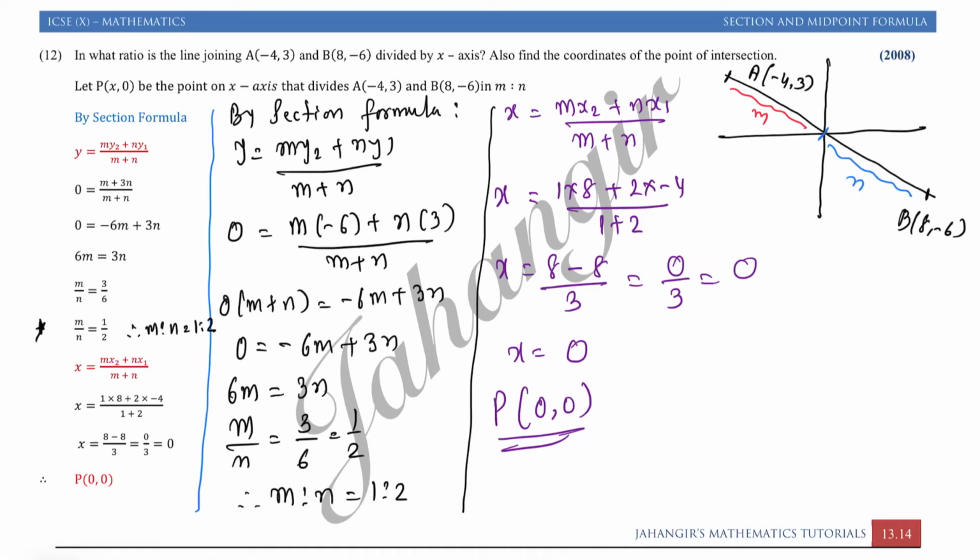And this is the point of intersection P where we wrote x comma 0. And later on we found out it is 0 comma 0. This is the x-axis. This is the y-axis. So this is the actual diagram. Okay, the diagram is just for your information. So you can draw a rough diagram as per your choice.